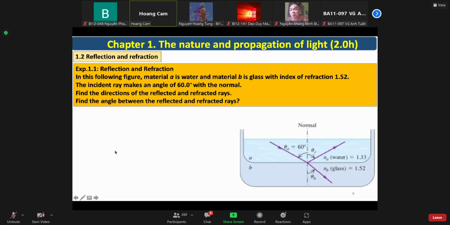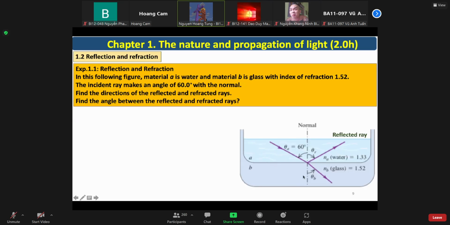Okay, so Tùng, go ahead for your solution. So the direction of the reflected ray, is it technically just the theta of R, the direction of the reflected ray?